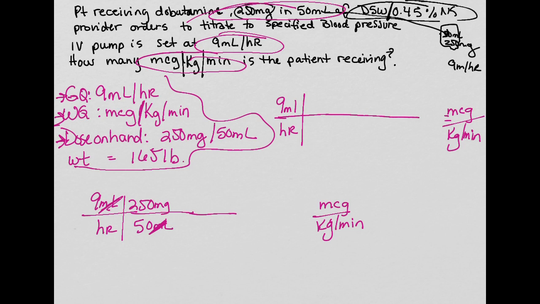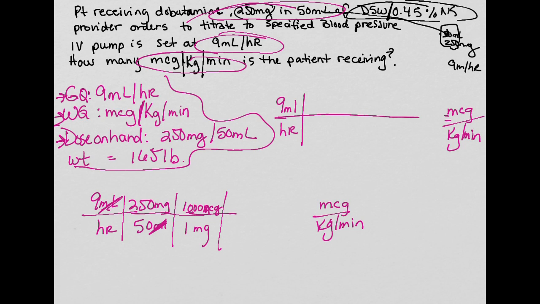So the next step I'm going to do is I know that there is, I hate it when it does that, it goes to erase, 1,000 micrograms in 1 milligram. Remember those little conversions that was on the first video? If you haven't watched that, 1 milligram to microgram, you just move the decimal point over 3 spots and you get your 1,000. That's how I get to micrograms.